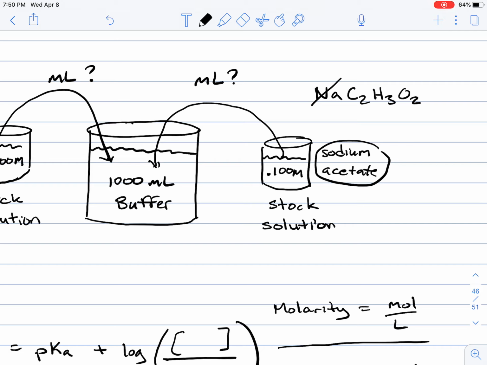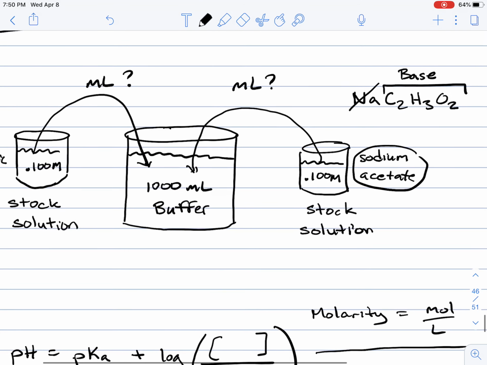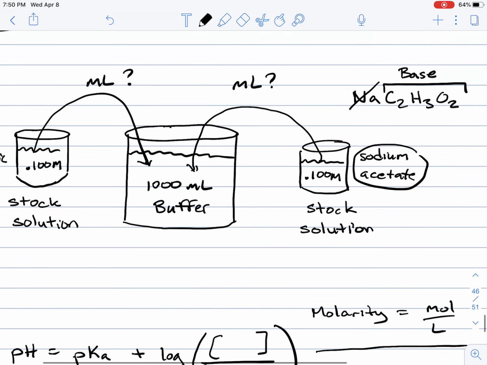So we can just focus on the acetate portion, and that's going to give me my base. Whether you perceive it as the conjugate base or the weak base, they're interchangeable depending on the perspective of how you're looking at the reaction.